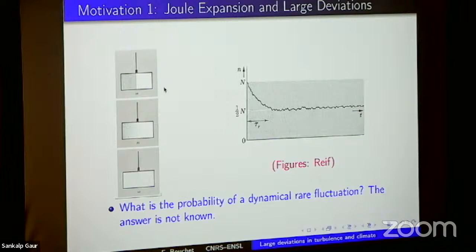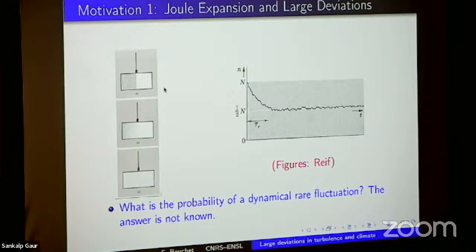So in the classical textbooks, you can read about this relaxation. There are words about relaxation towards the equilibrium, for instance, using the Boltzmann equation. In the classical textbooks, you can also read about the probability to see n particles on the left side of the box. This is actually the Einstein formula that relates the probability to the entropy.